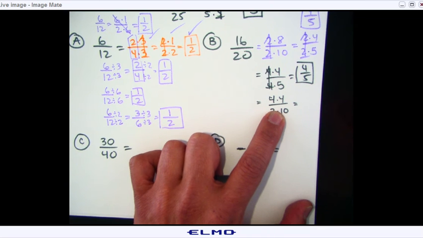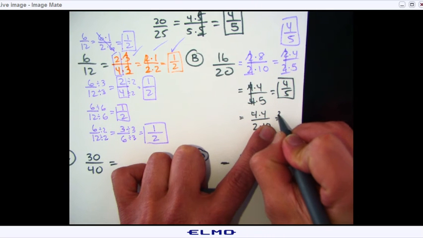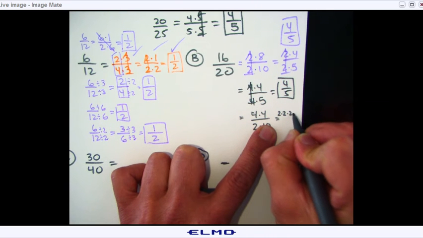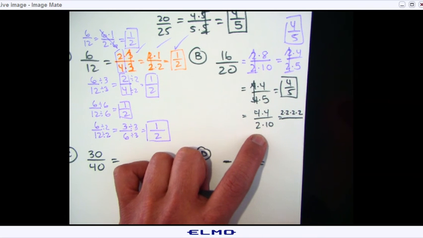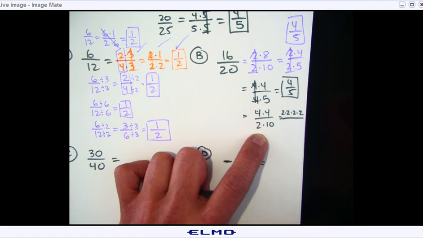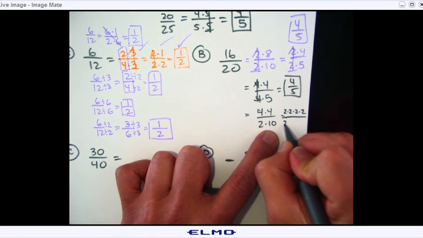Is that right? Yeah, that is correct. Watch this. 2 times 2, 2 times 2. Oh, and then in the bottom, the denominator, I see the 2. So the 10, I did 2 times 5. Is that correct? Yeah, that's correct.